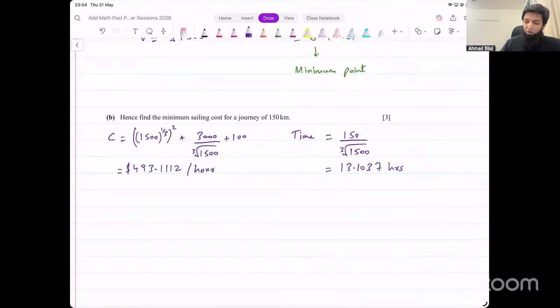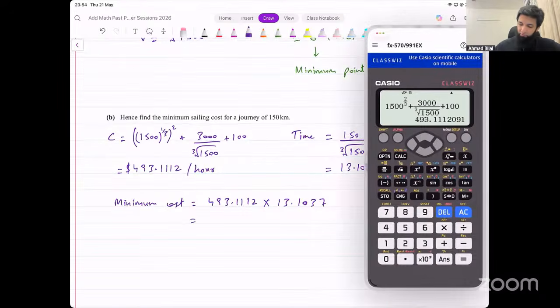What's the total cost going to be if this is the number of hours? Let's just multiply those two numbers. That's 493.1112, that's for 1 hour. Multiply this by 13.1037, and that will give you the total sailing cost for the journey. What do we get for that?